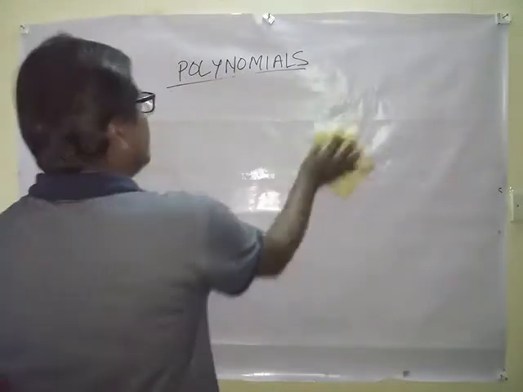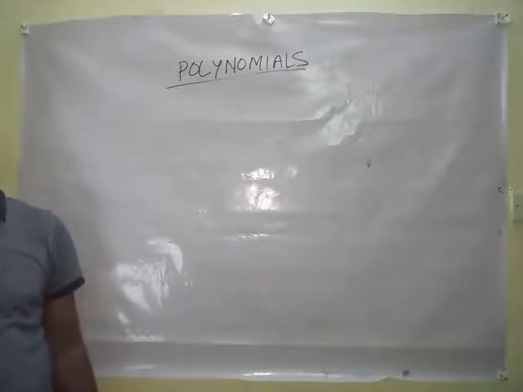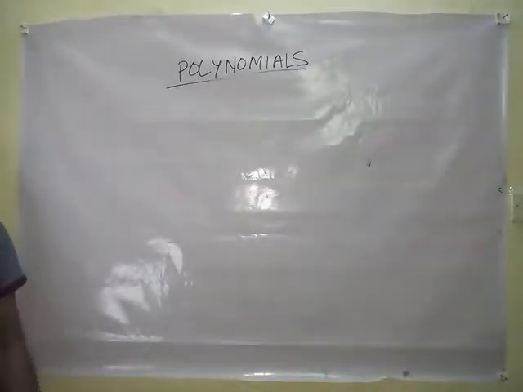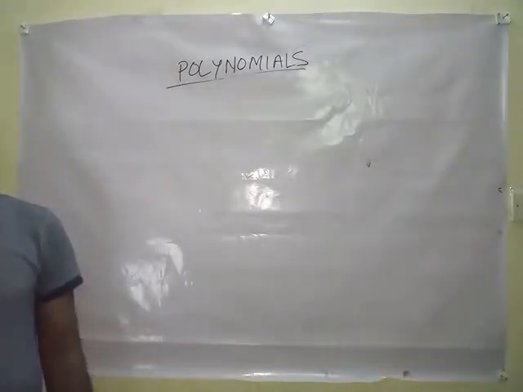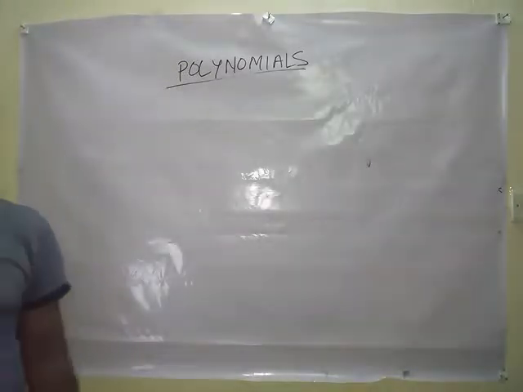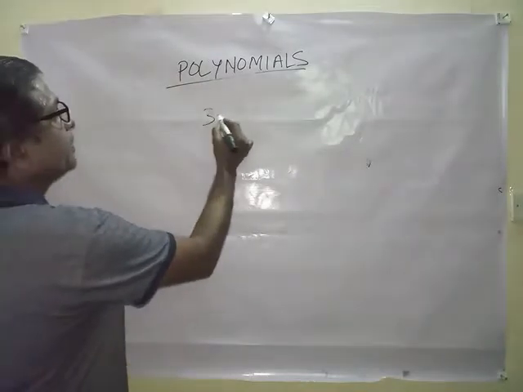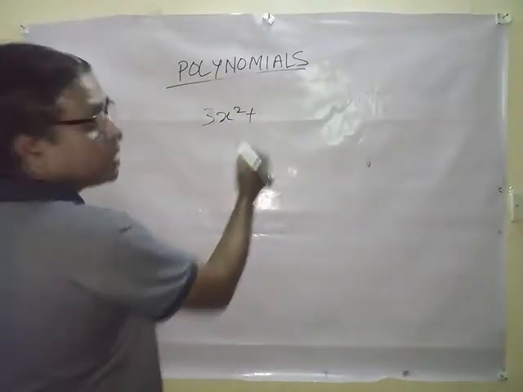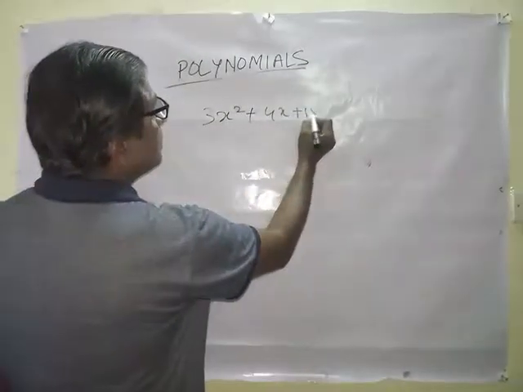Now let us go into the other details. Here you pause; I am giving you some examples. After writing down all the things, let me know which is a polynomial equation with one variable. I am giving you three examples. 3x square plus 4x plus 15.